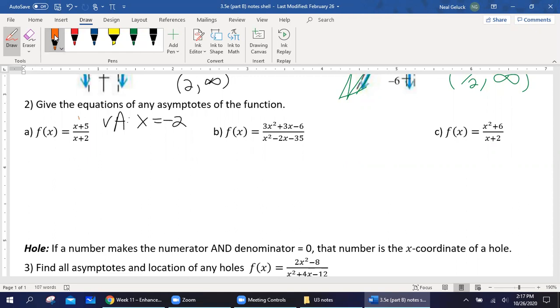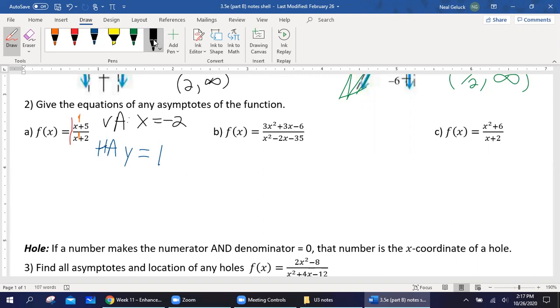That's based off of the degrees. The degree on the top is 1, degree on the bottom is 1. When they have the same degree, we take the leading coefficients, 1 and 1. The ratio of those is my horizontal asymptote. So it's going to be y equals 1 over 1, which is 1. So you can either have a horizontal asymptote or an oblique. You cannot possibly have both because they follow different rules.